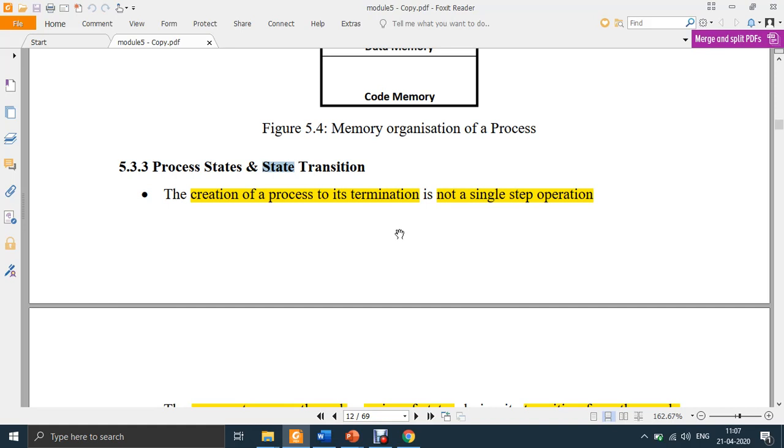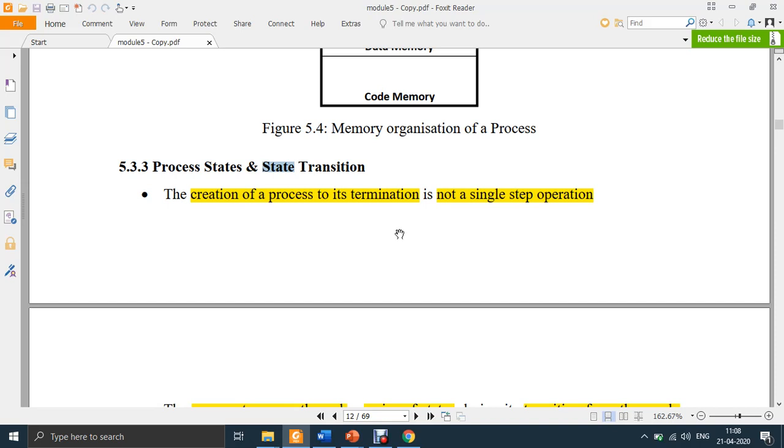It is just like when you order a product on some online website, let's say Flipkart. There are various states there. First is order accepted, that is the first state. Second is order being processed. Next, order packed, that is the third state.